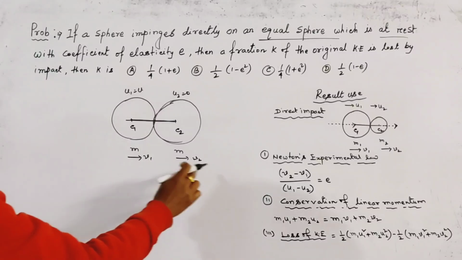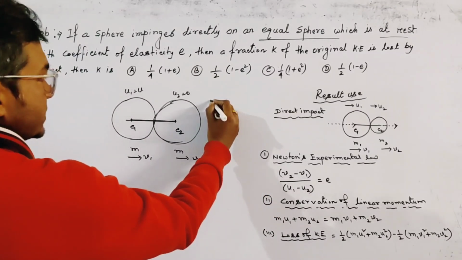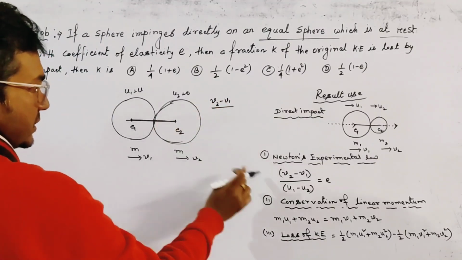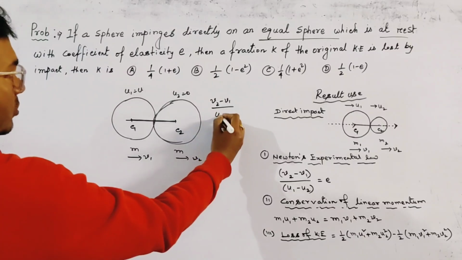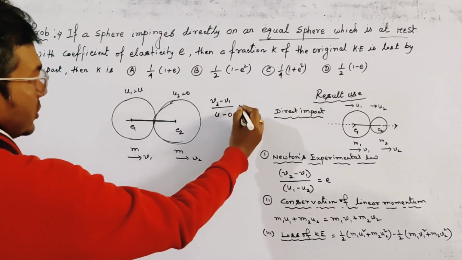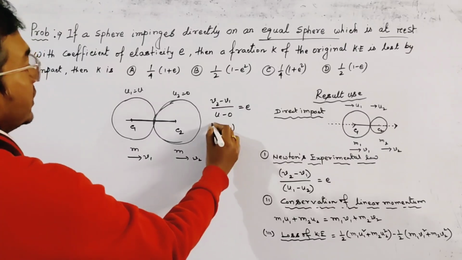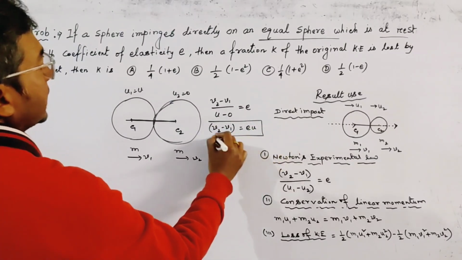Now using Newton's experimental law first, we get (v2 minus v1) by (u1 minus u2), where u1 is u and u2 is 0, equal to e. So we get v2 minus v1 equal to e into u. This is the first result.